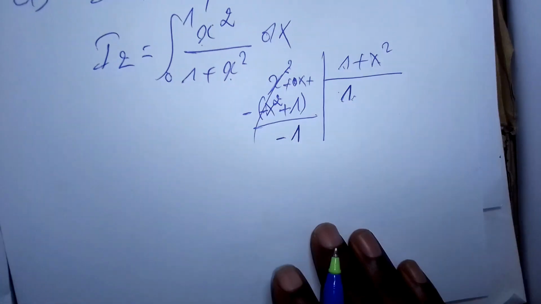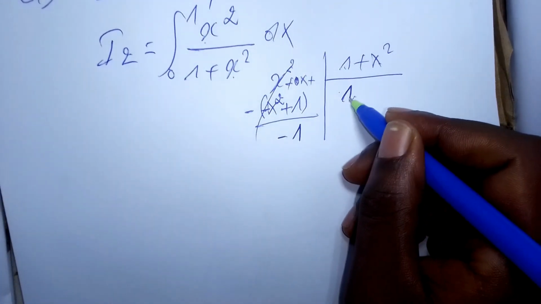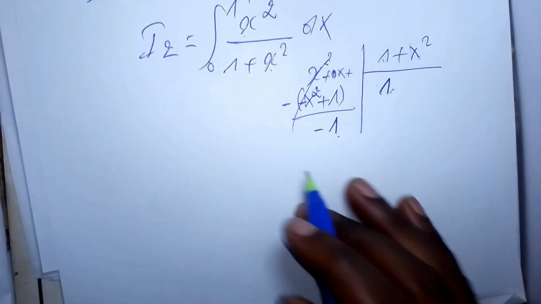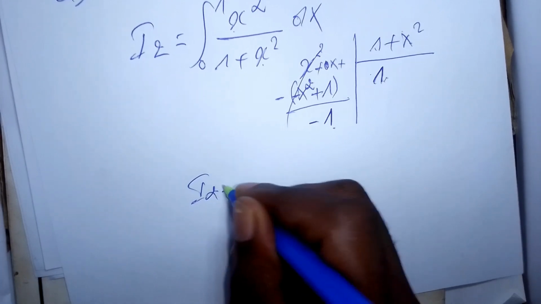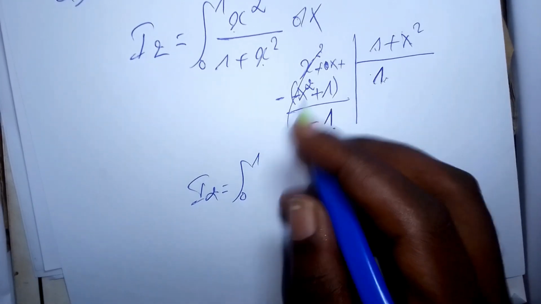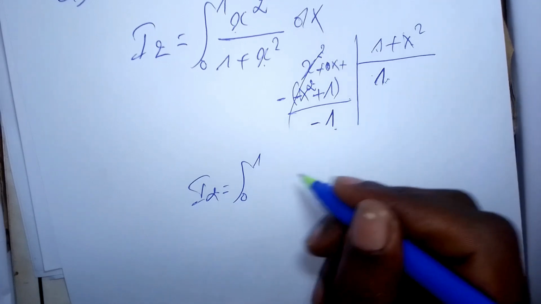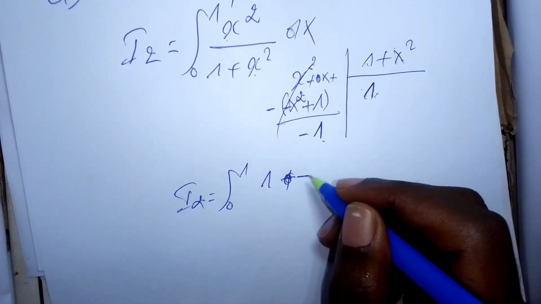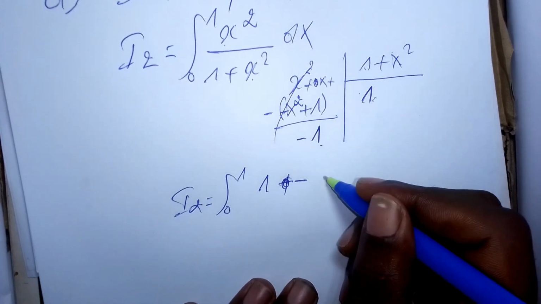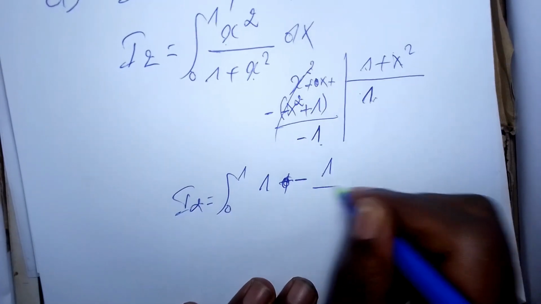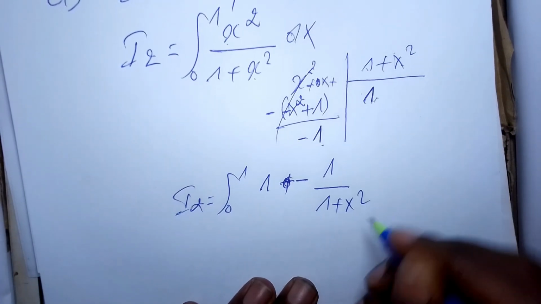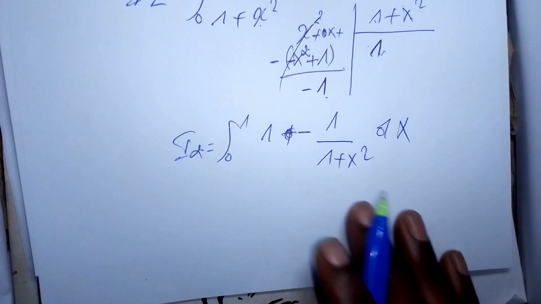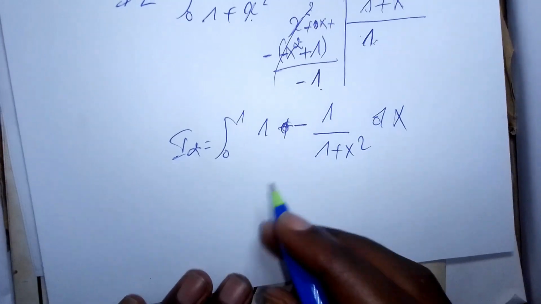So we have this constant, negative this over this. We have I2 equal to the integral from 0 to 1 of 1, plus negative 1 over 1 plus x squared, dx. We are going to separate.